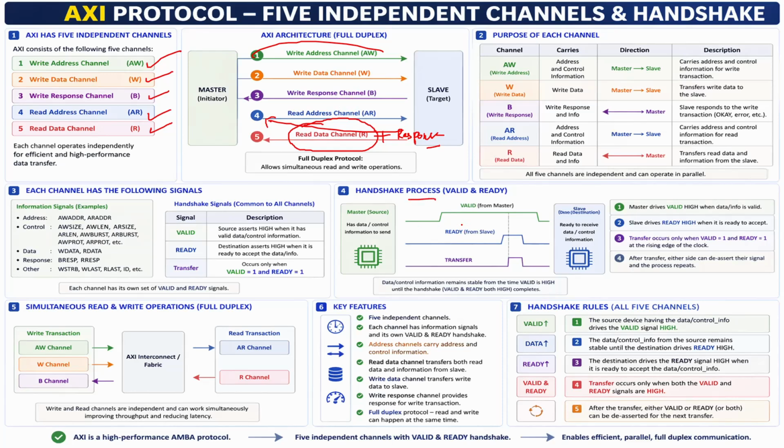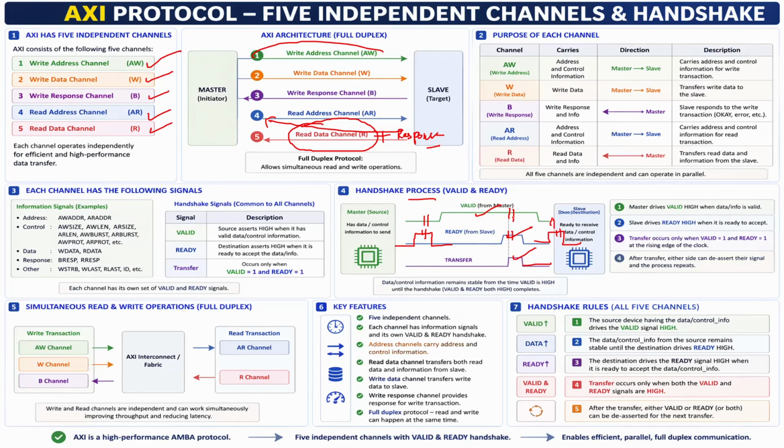In a handshake, your valid signal should be high and your ready signal should be high, both on the same clock cycle. Then only the transfer will happen. That is the handshake process. If the ready signal is high before the valid signal, sampling is not happening; and if the ready signal goes high after the valid signal, data sampling is also not happening.